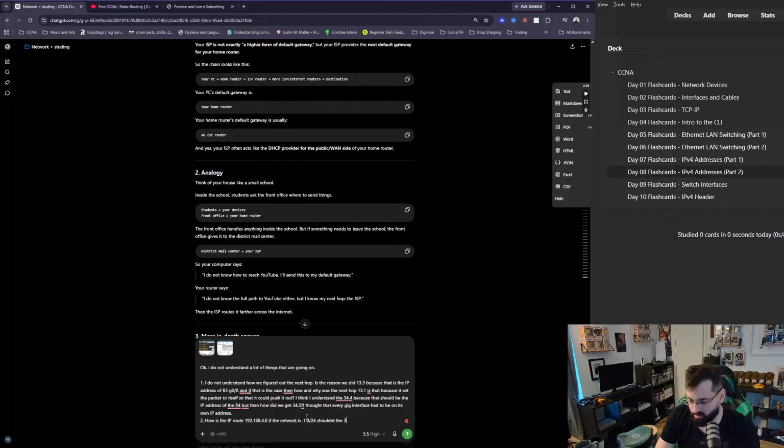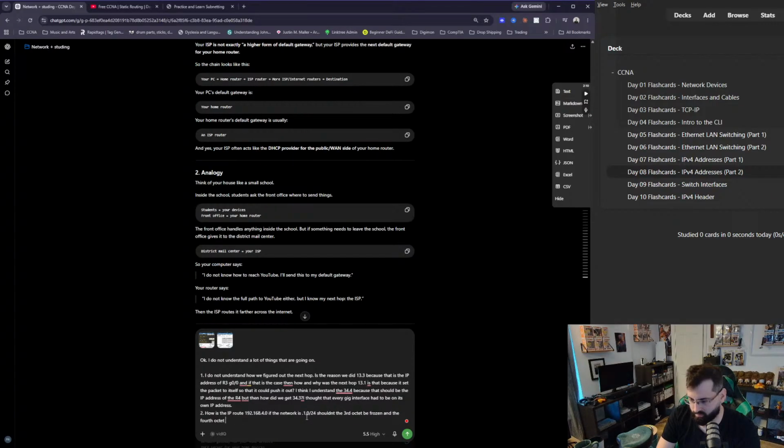Shouldn't the third octet be frozen and be the only one to move?